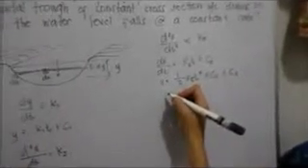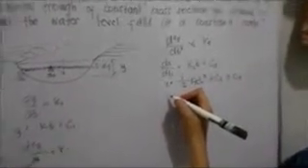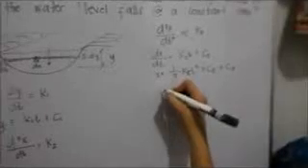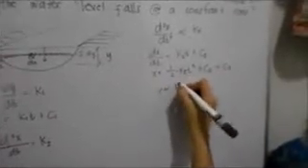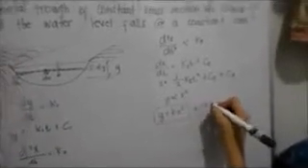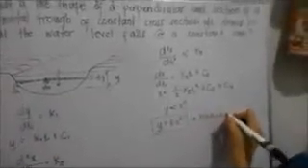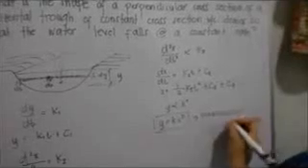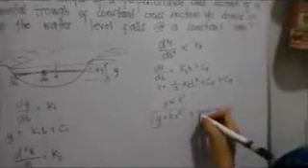Since y and x are both in terms of time, y is proportional to x squared. So the answer is y is equal to kx squared, which is having a shape of a parabola. So the shape of the trough is parabolic.